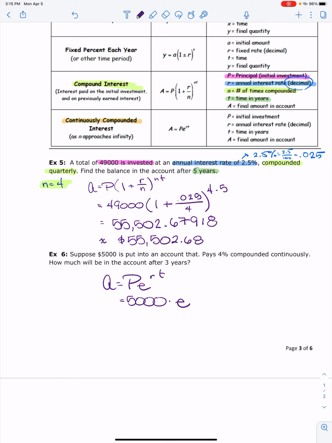Remember, that is not a variable there. My interest rate is 0.04 for 3 years. And I plug that into the calculator. I get 5,637.48458. Again, dollars and cents. We're going to round to 2 places: 5,637.48.